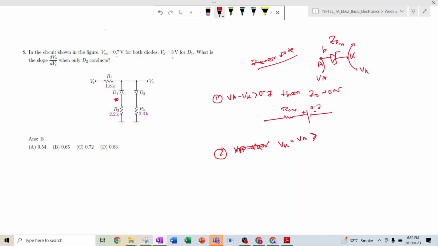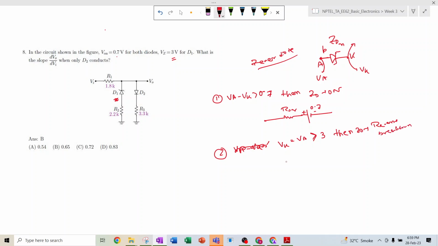Suppose here it is 3 volt, it is different for different materials. Let's say the Zener voltage is 3 volt. If it is greater than 3 volt, then this Zener diode is in the reverse breakdown region.